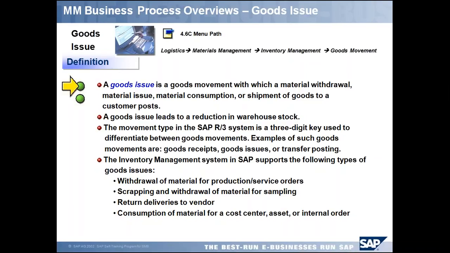I'll discuss tomorrow what these movement types are. As I said, there are numbers like 301, 601, 602, 302. Why those numbers have come, I'll discuss around the most important movement types. The movement type is a three-digit key used to differentiate between goods movements.